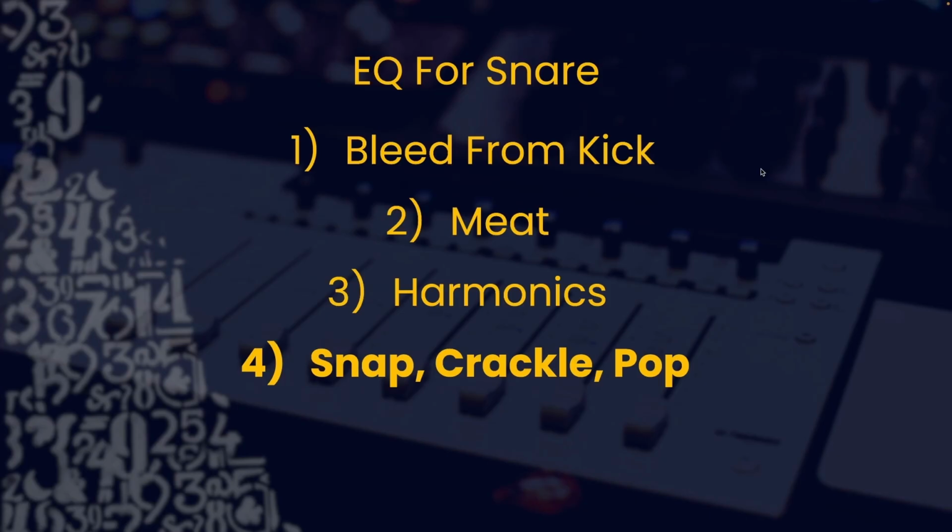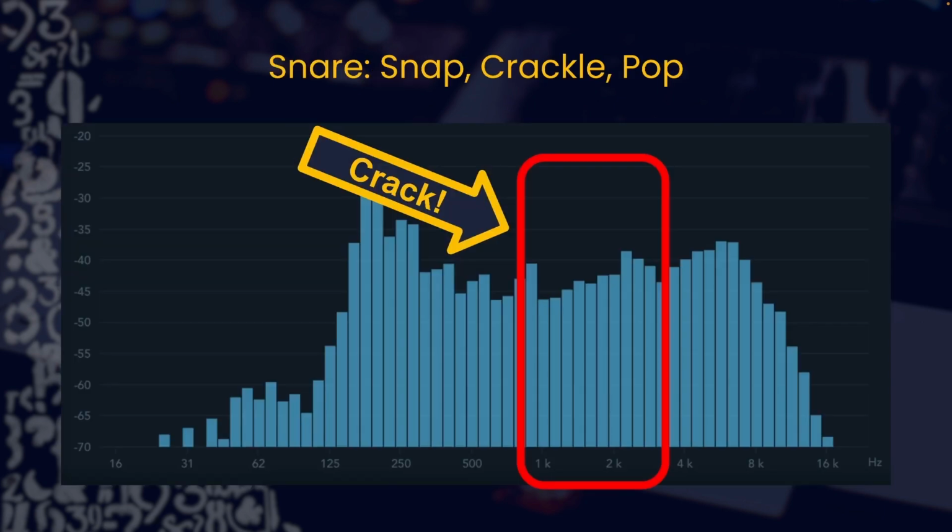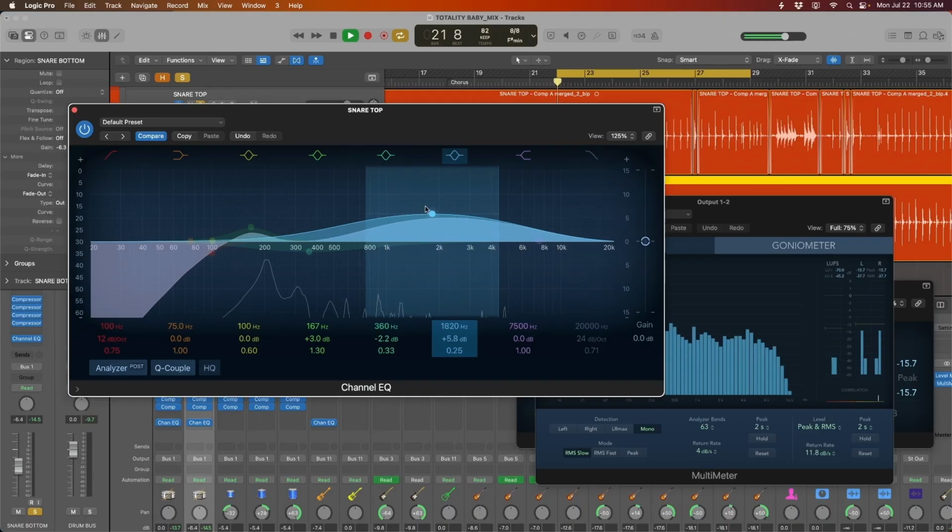All right, so the next one we're going to be running into is snap, crackle, and pop. This is really where the aggressive crack of the snare comes in, and I couldn't find another analogy for this characteristic of the snare other than breakfast cereal. So this is where the crack comes in.